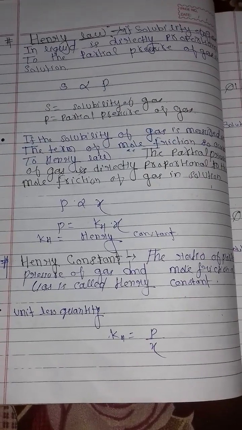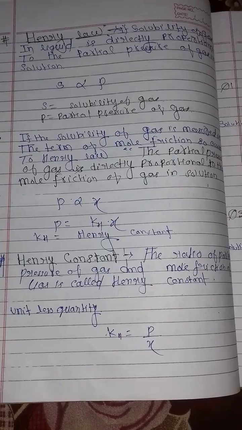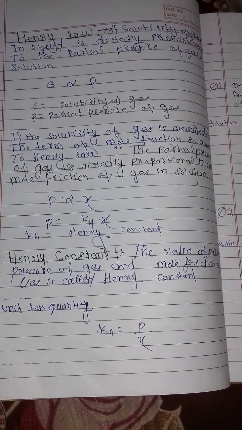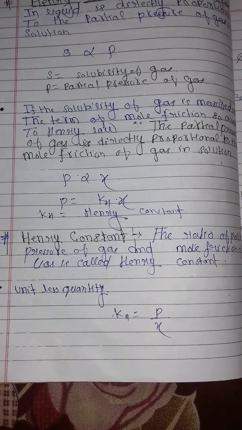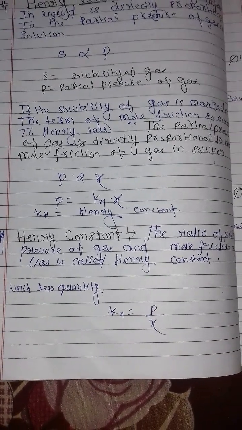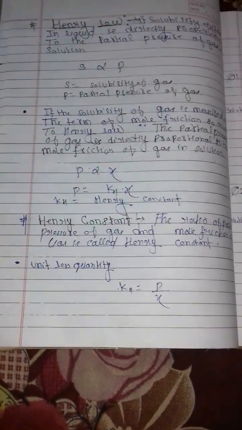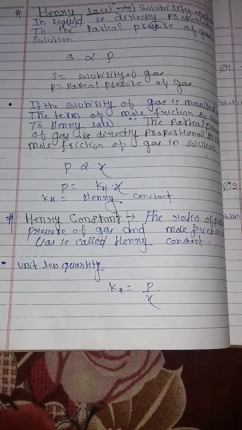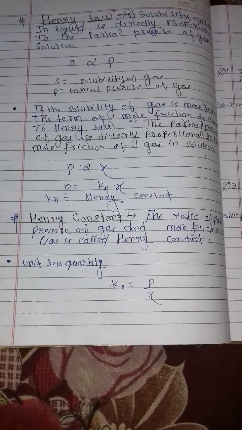If we express the solubility of a gas in terms of mole fraction, then according to Henry's law, the partial pressure of the gas is directly proportional to the mole fraction of the gas. P is directly proportional to x, P equals KH x. KH is the Henry constant, the ratio of the pressure of the gas to the mole fraction of the gas. Unit: it has no unit.